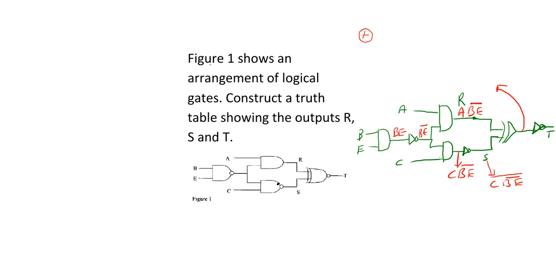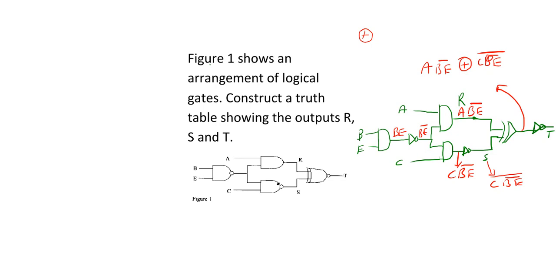We just get R. R is ABE. We XOR CBE. Then we have overall complementation. So we XOR R and S expressions to get that.